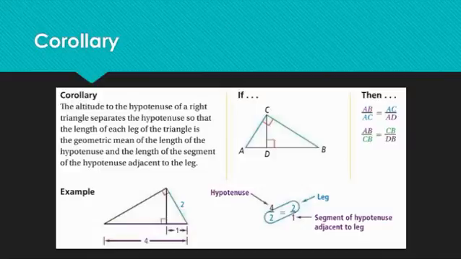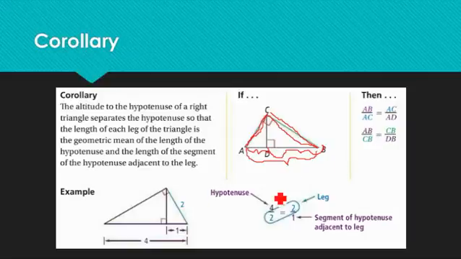Now that probably was a lot of mumbled words, but basically what it is saying is that the base here, AB, and this base, AD, are the extremes to a proportion where AC is the geometric mean, and CB is also the geometric mean if I took DB and the length of AB.